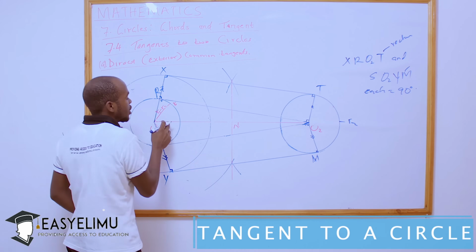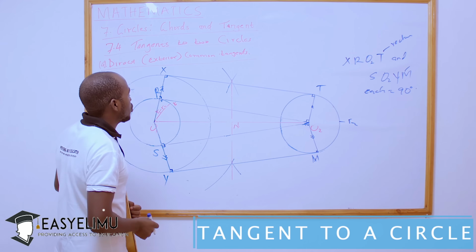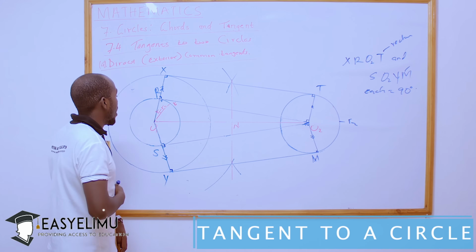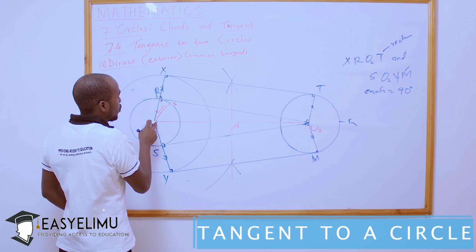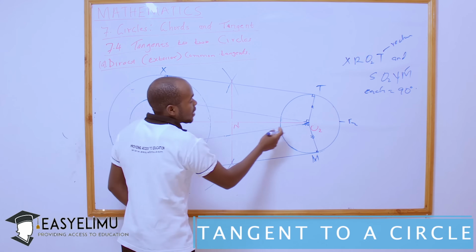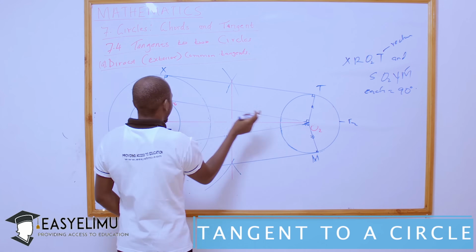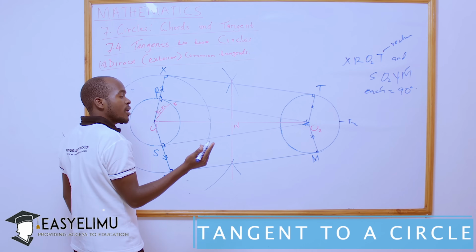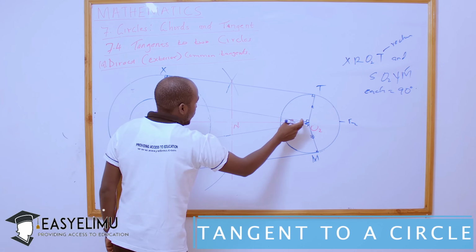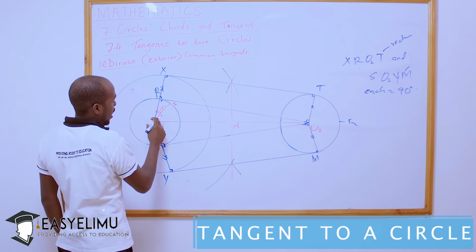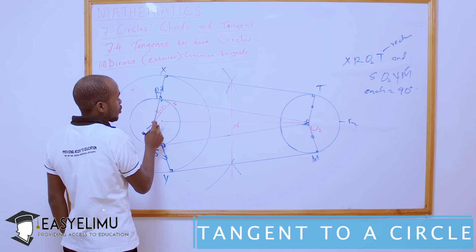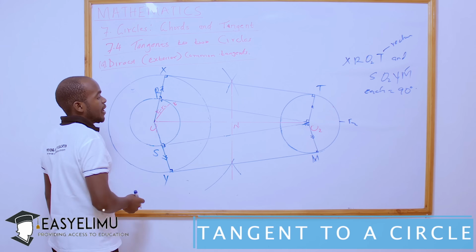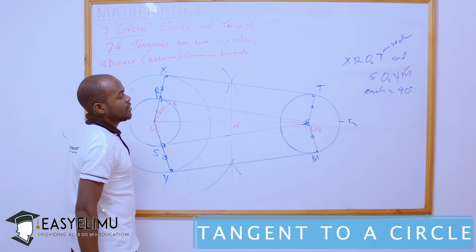And if you view the equations and relations we used in the other circles, we will find they are still the same, whereby the line from the center here bisects the external angle here into two equal parts. The angle is bisected into two, and the angle at the center of this circle is also bisected into two by this line, and we can find the radius is the same.